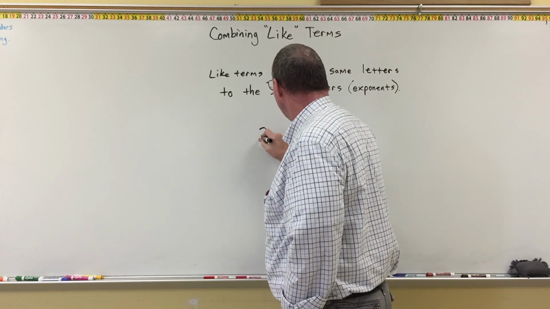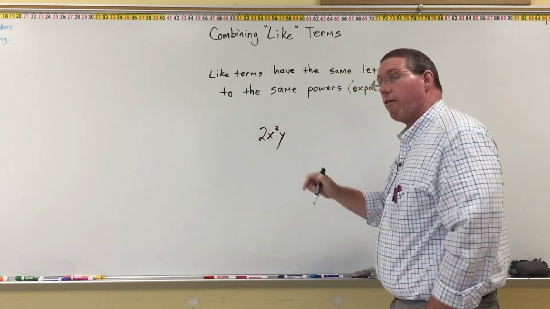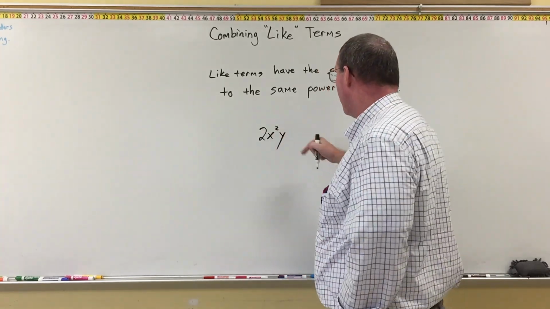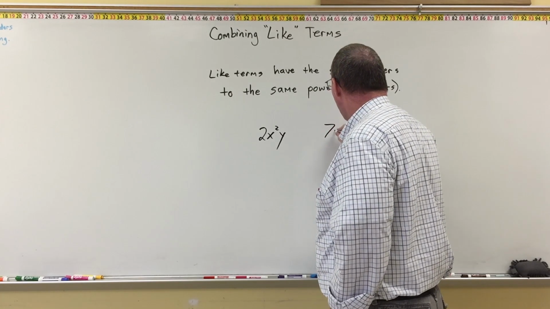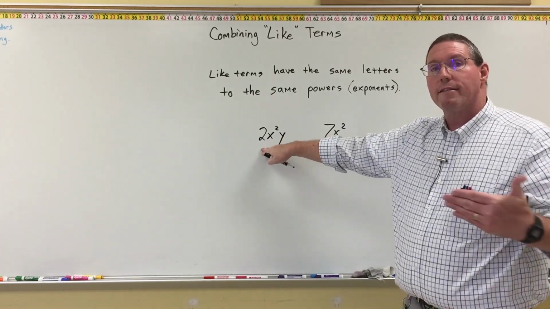What if you had 2x squared y? So now this term has two different variables in it, 2x squared y, and let's say that we had 7x squared again, okay? These two terms are not like terms.